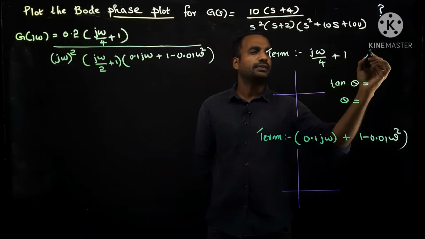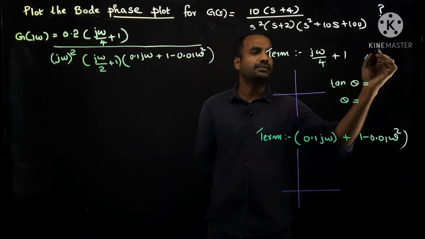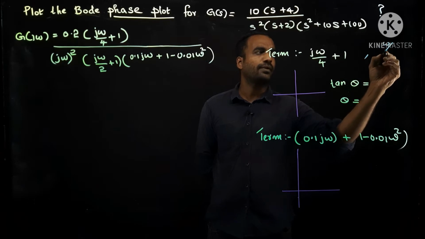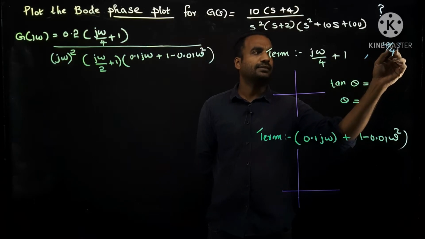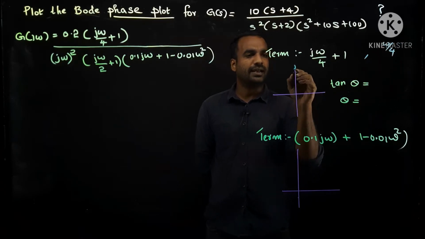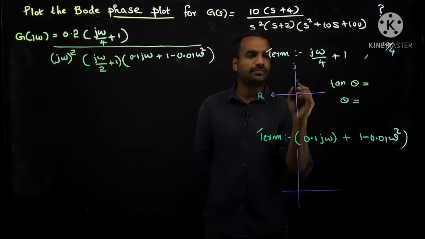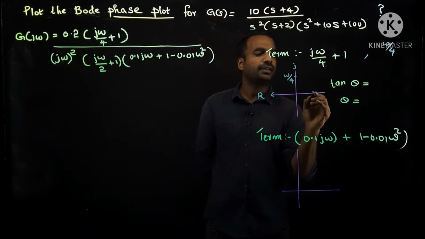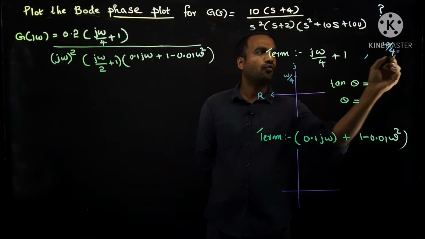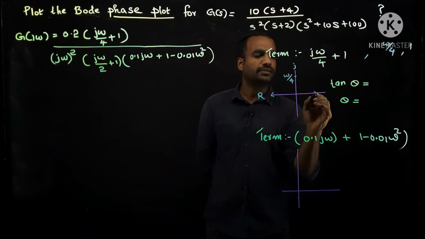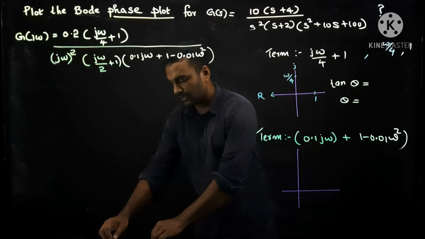Here the j term or imaginary term is on the j axis, so we have to take omega by 4 on the j axis. So this is the j axis and this is the real axis. On the j axis I will mark omega by 4 and on the real axis I have to mark plus 1.